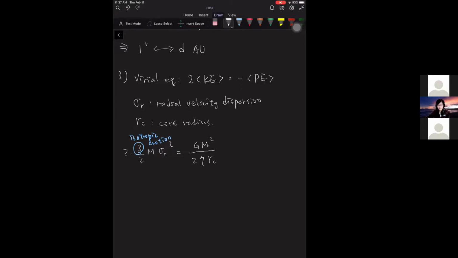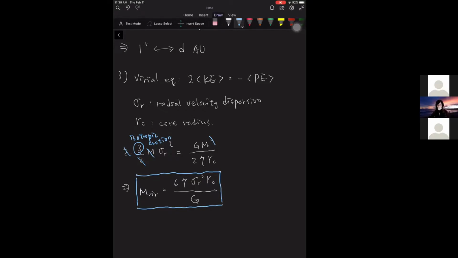Then we can use this to calculate the mass, because one of the masses cancels out, and the 2 can also be cancelled. So we will get the general form of the virial mass as 6 eta sigma r squared times the core radius over G. Okay, so this is the general form of virial mass.